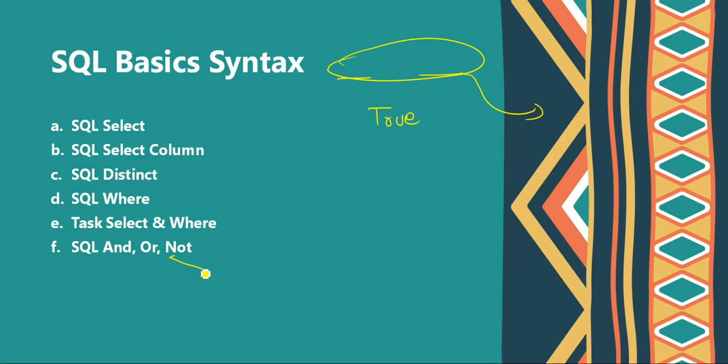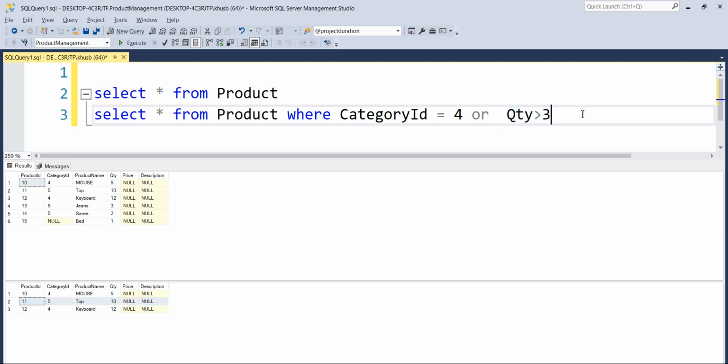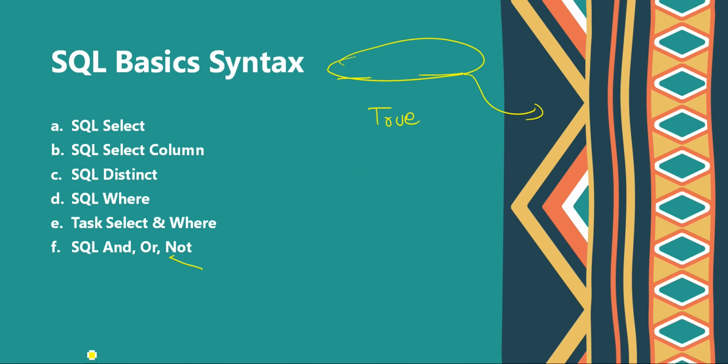And now NOT. Let's say I want to select all the products whose quantity is not equal to 0, or greater than 0, or let's say category ID should be... NOT is basically going to reverse it.